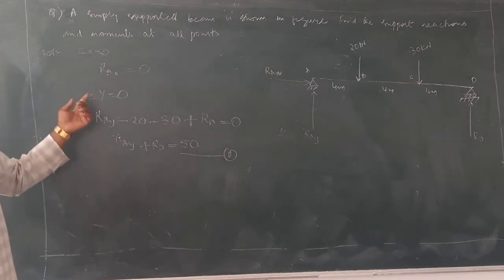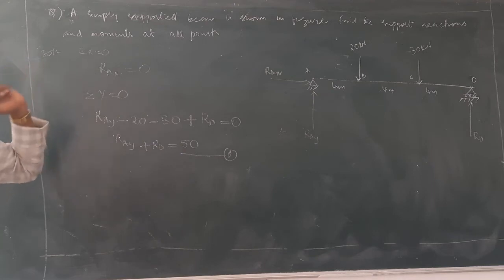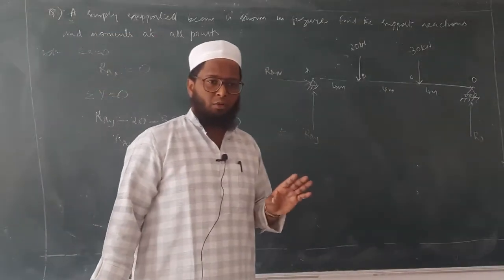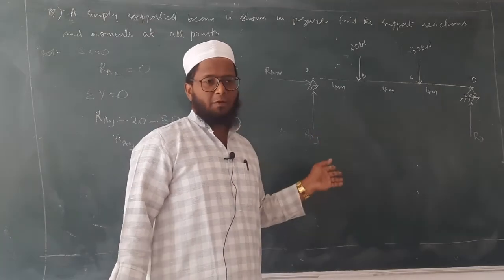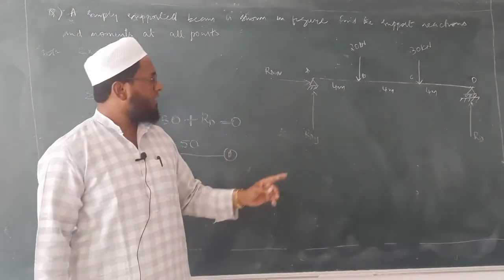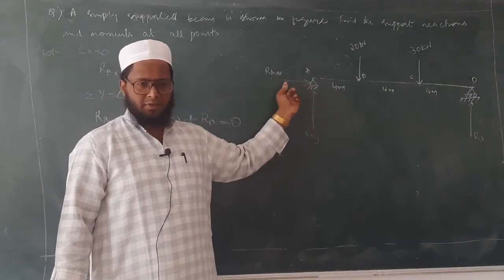We have taken sigma x is equal to 0, sigma y is equal to 0. Next we will take sigma M is equal to 0. Now to calculate moment, or in these types of problems when you want to calculate reactions, unknown forces, we select this point, because here how many unknowns are there? Two unknowns.